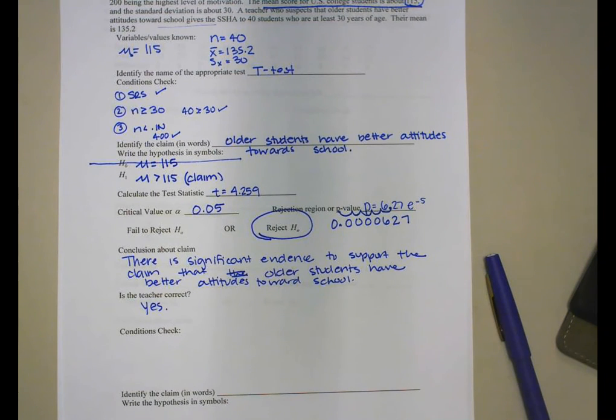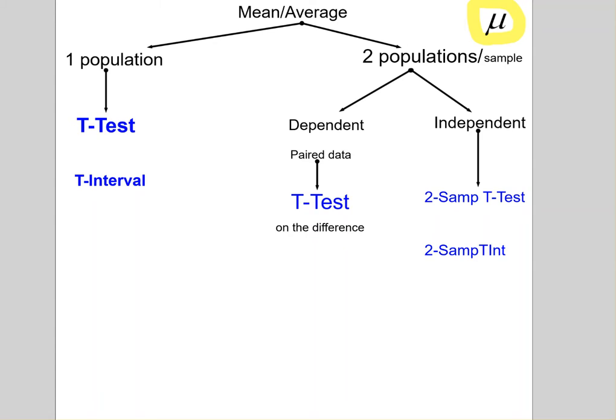Okay, so hopefully we feel okay. We're going to do, again, a lot of practice with t-tests, but there is more than just a t-test that we need to consider. So if we look here, when we're talking about our mean and average with one population, we run a t-test.